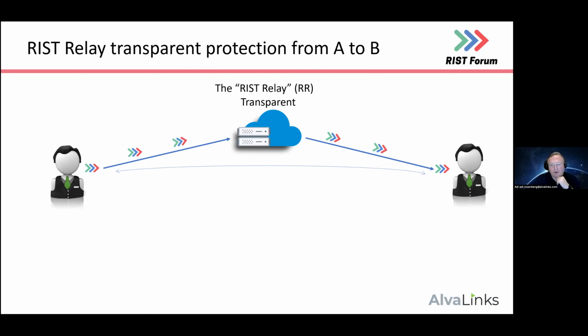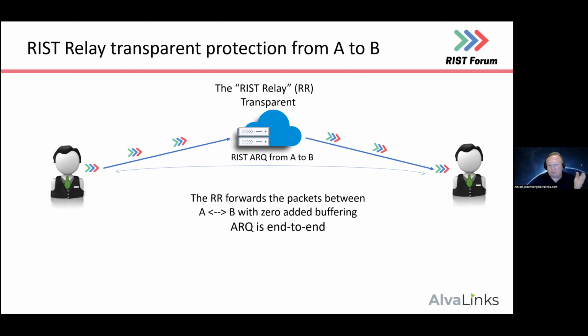And we said, why not allow transparent ARQ, meaning that each client can do its own ARQ. Basically the RIST relay will allow the ARQ to flow from A to B through the relay without any buffering, and be done with that. So there is zero added buffering, and the ARQ is done end to end.